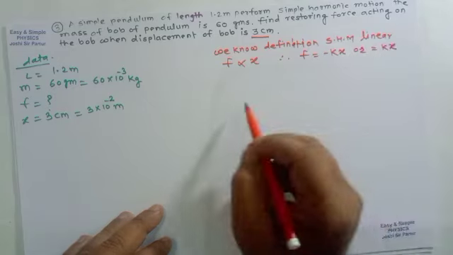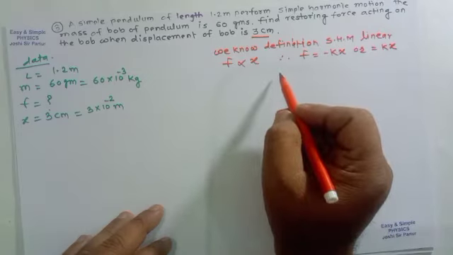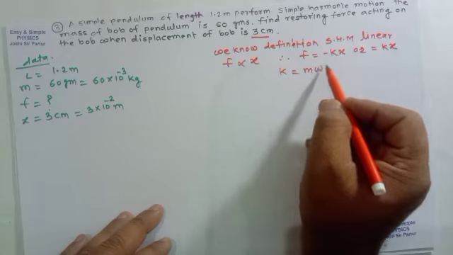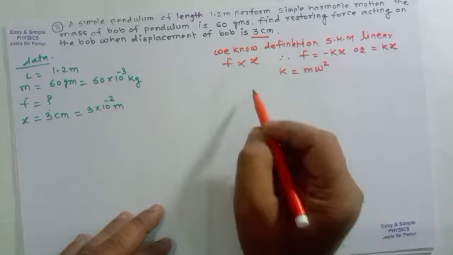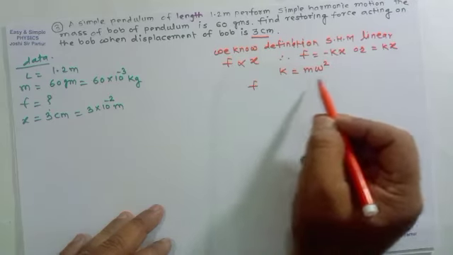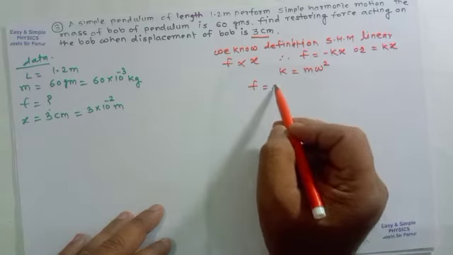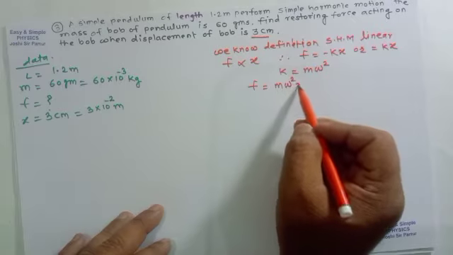or plus kx. We know that k is equal to m omega square. So we can put the value m omega square. So force is equal to m omega square x.